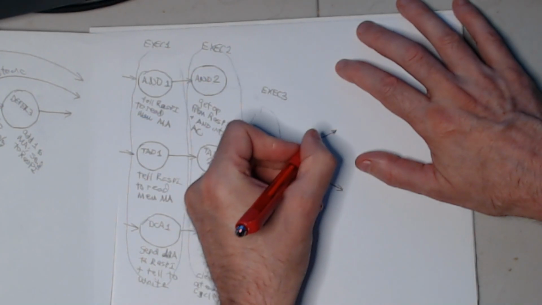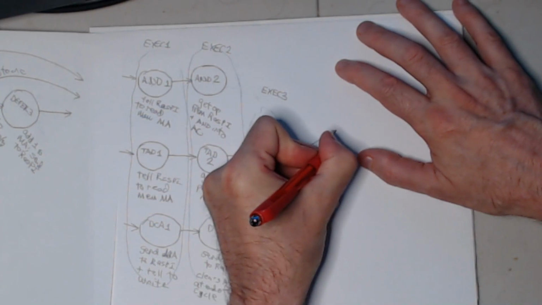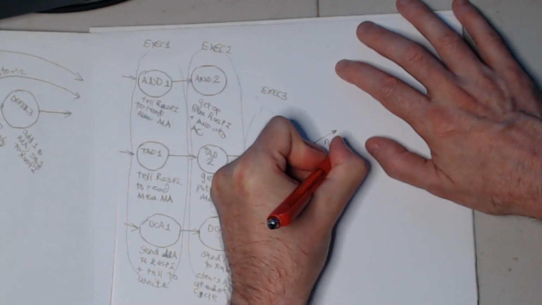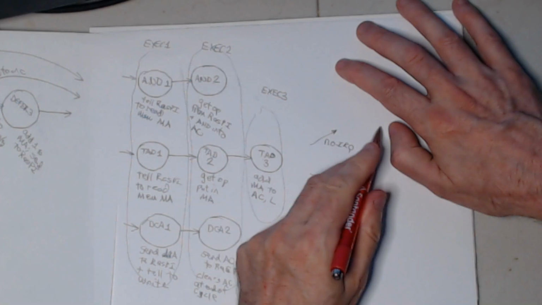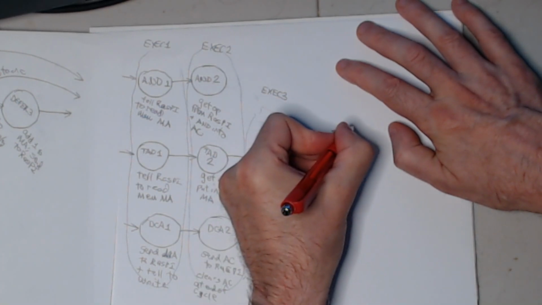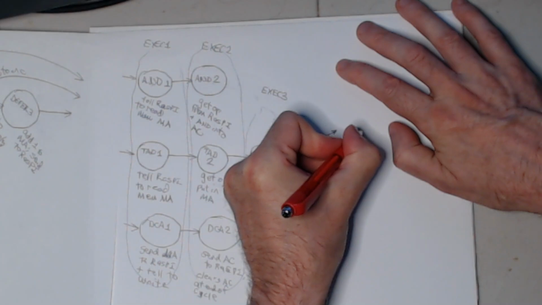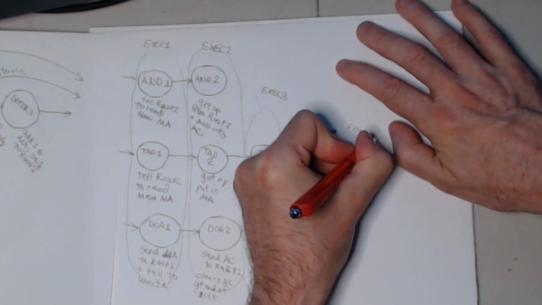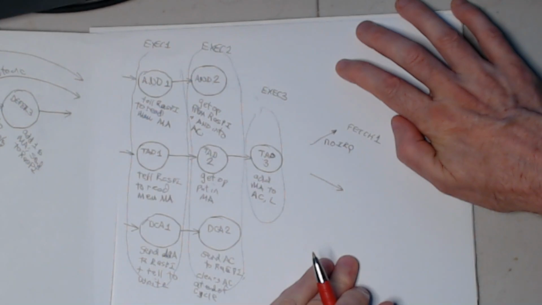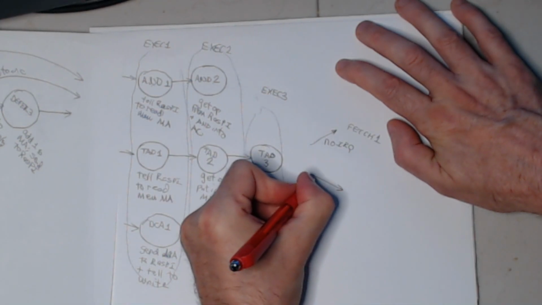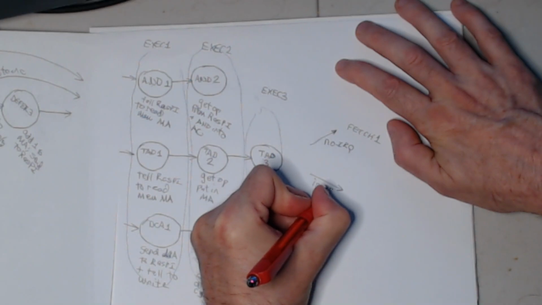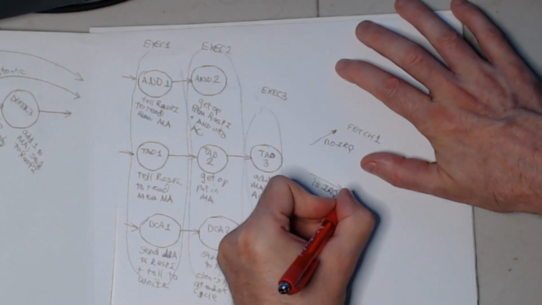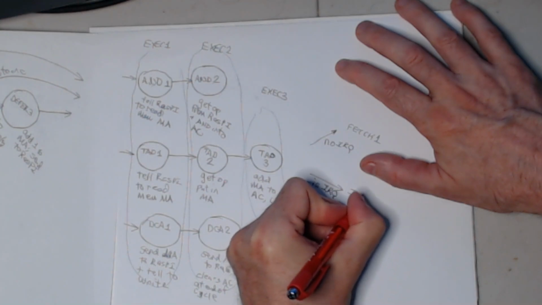So if there's no interrupt request, no IRQ, then it's just going to go back around to fetch 1. If there is an interrupt request, then it's going to go to this state, int ac1.